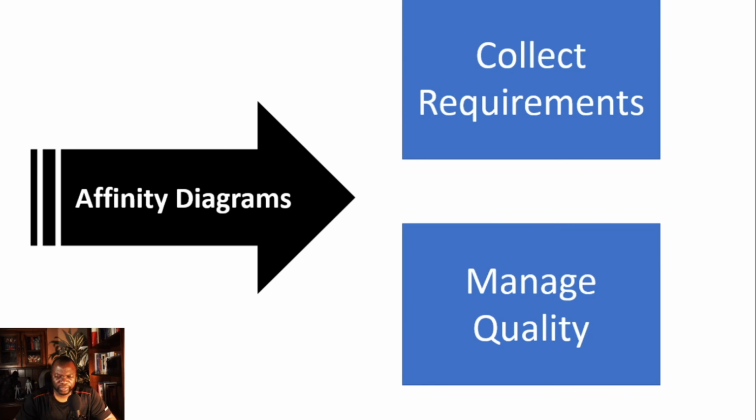But someone could also argue, hey, I can do this in planning. I could do this even before I get to manage quality. I'm not arguing, but all I'm saying is in the PMP guide, this is talked about in collect requirements and in manage quality.